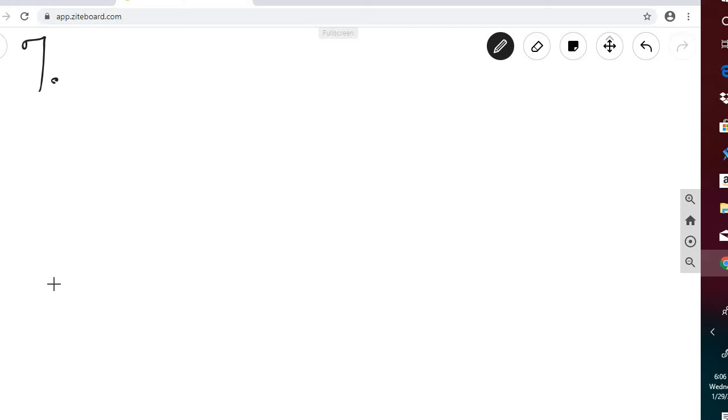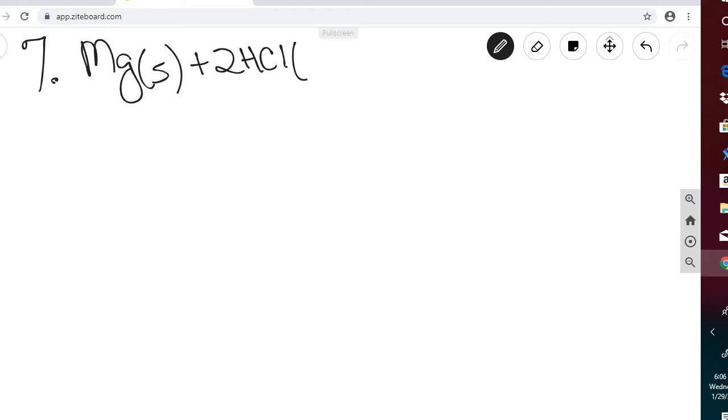Okay, so let's write the equation up here. So we have magnesium, which is a solid, plus 2 HCl. That's aqueous, so it means that it's a chemical mixed in a liquid.